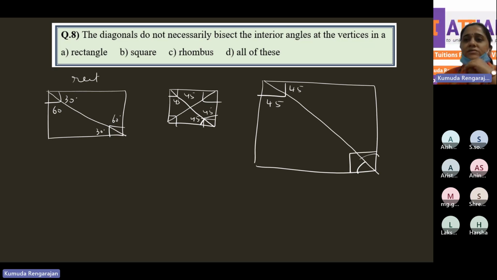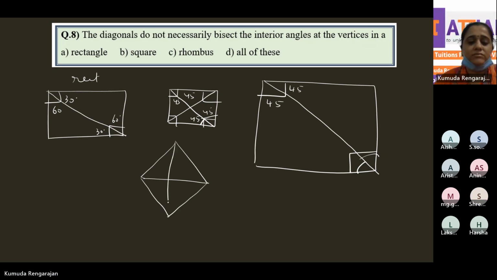In a rhombus, are the corner angles bisected?